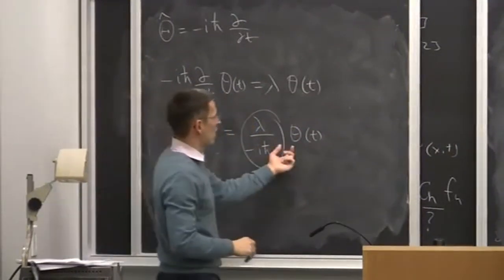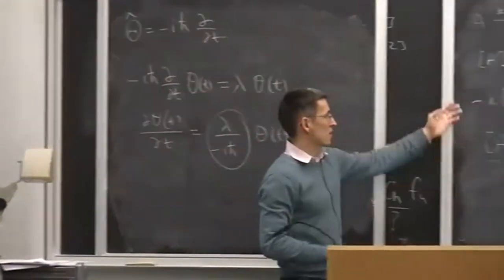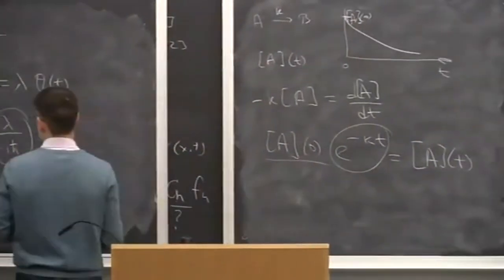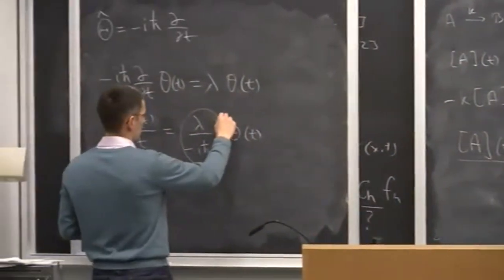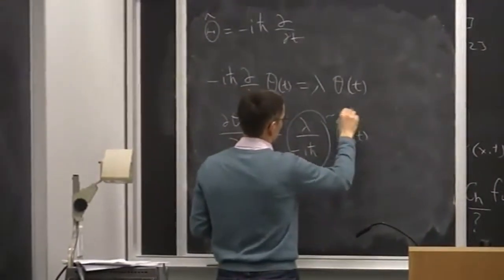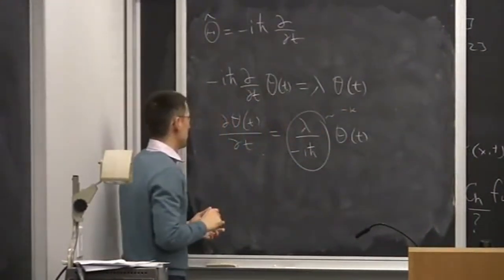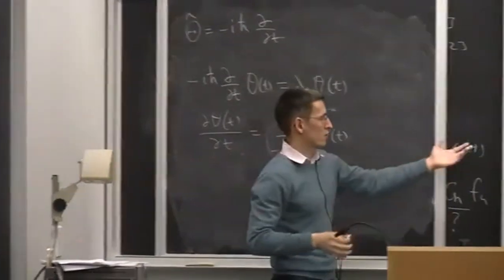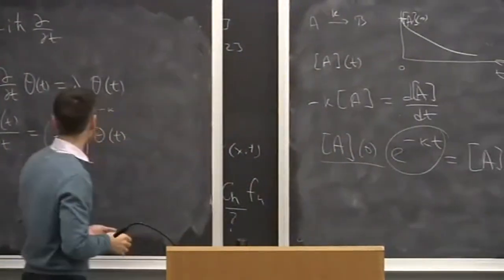Now, if you think about theta of t as a concentration of A, then this will be the analog of minus k, and then you have pretty much the same equation, right?